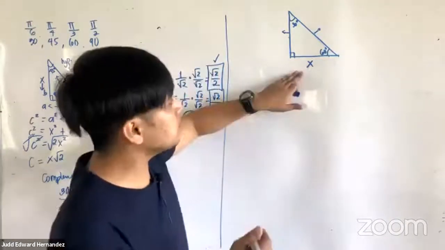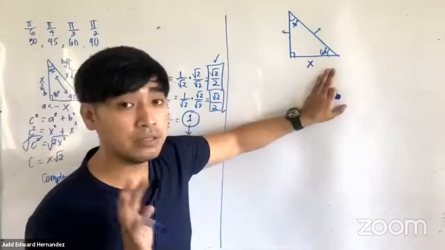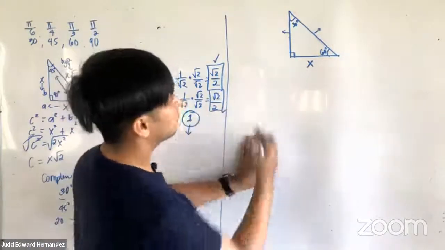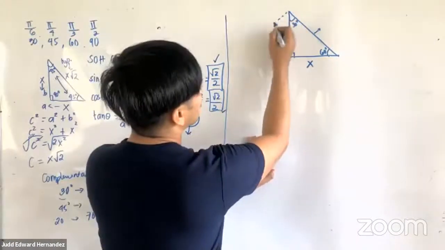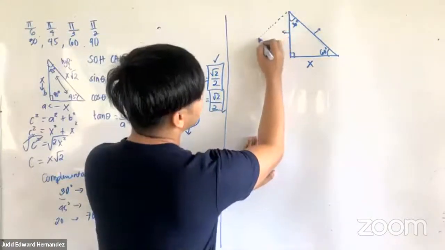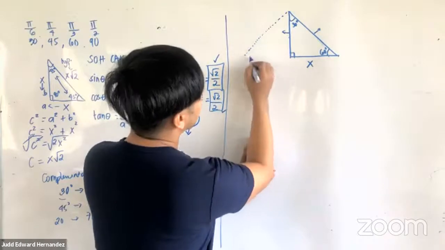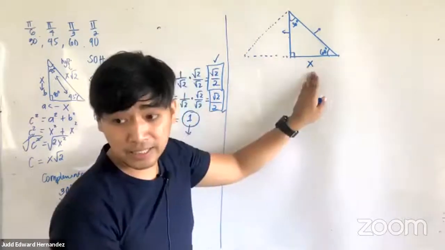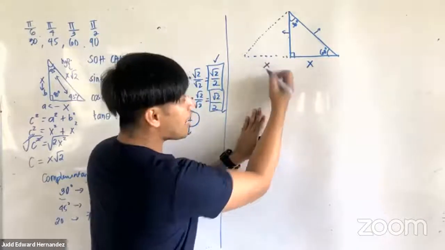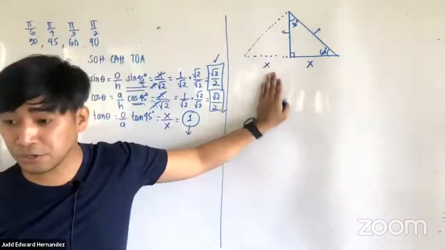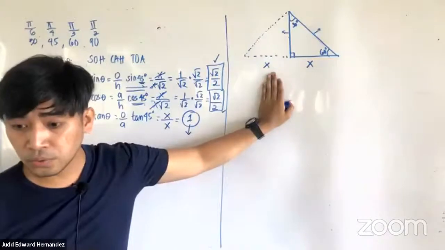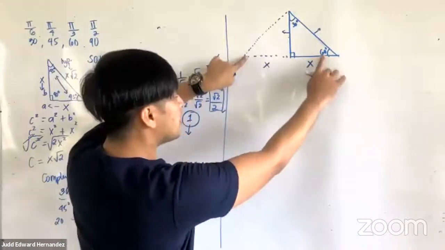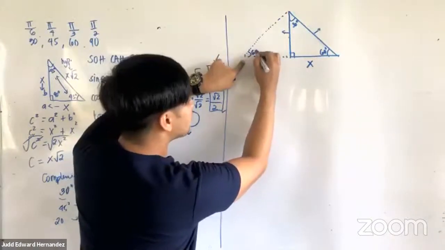Okay, so since this is my triangle, I will now draw a triangle equal and similar to this triangle. I will draw the same triangle pero minirror ko siya pakaliwa. Kung minirror ko siya pakaliwa, if this is x, this should also be x. Tama po ba? Yes or no? Yes po. If this is 60 degrees, I must say that this is also 60 degrees.